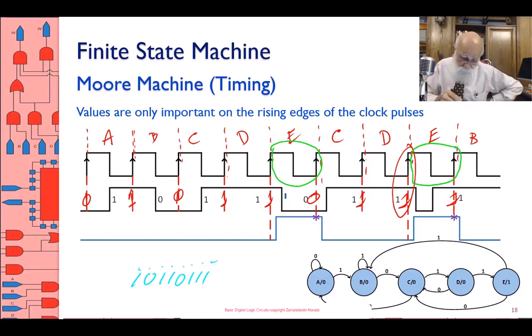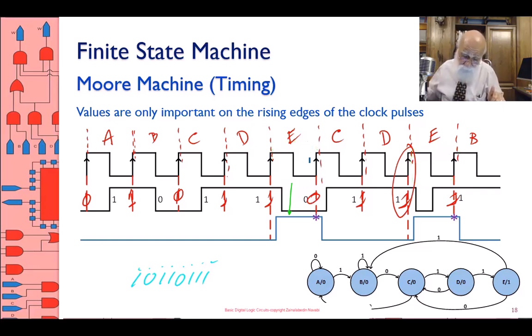And therefore, my output becomes 1 coinciding with whenever I'm in state E, which is after the clock edge, clear through the next edge of the clock.